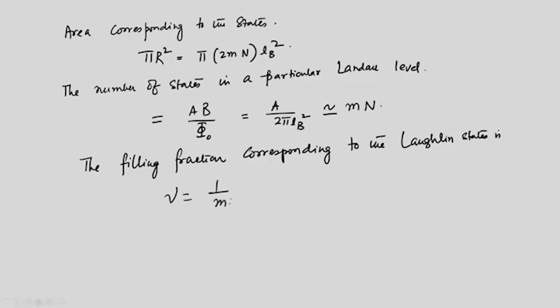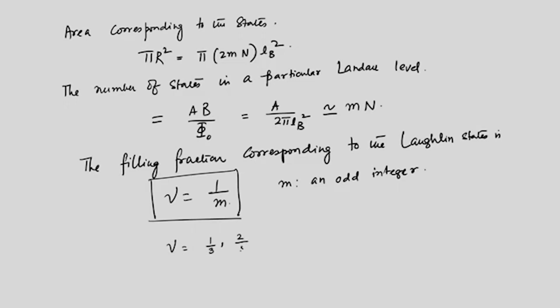The number of states in a particular Landau level is mn, and the filling fraction is n divided by mn, which is 1 over m, and this is exactly what we wanted. And what else? m is an odd integer, which means these Laughlin states correspond to fractions such as 1 over 3, 1 over 5, 1 over 7, and so on.